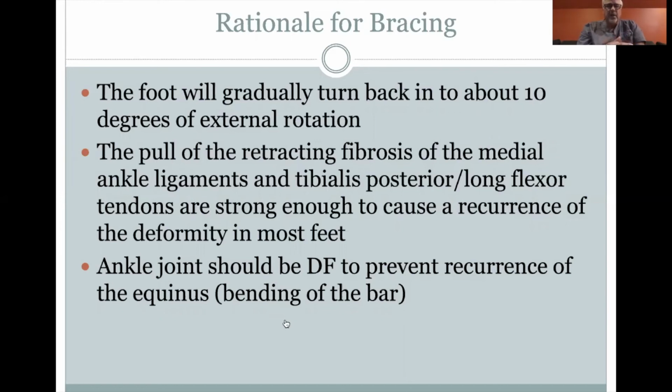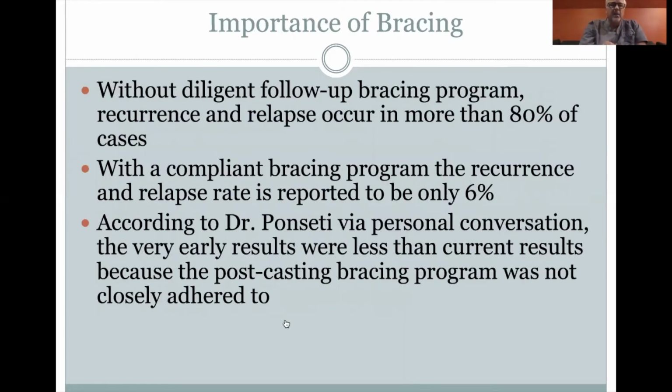The ankle joint, like I said, should be dorsiflexed to prevent recurrence of the equinus, and that's where you should have a bend in the bar. If you do not have diligent bracing, recurrence occurs in about 80% of the cases, so it's critical. With a compliant bracing program, the recurrence rate is only about 6%.